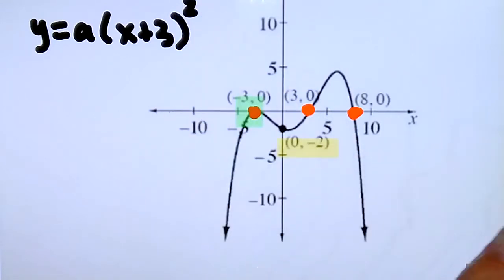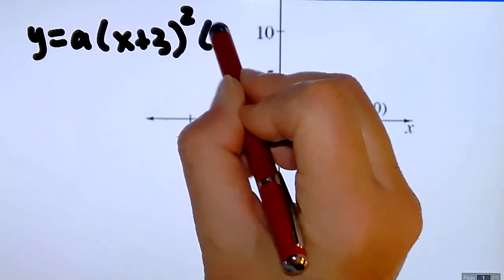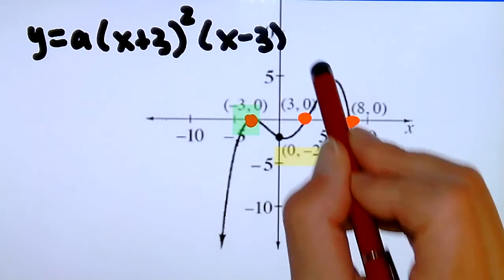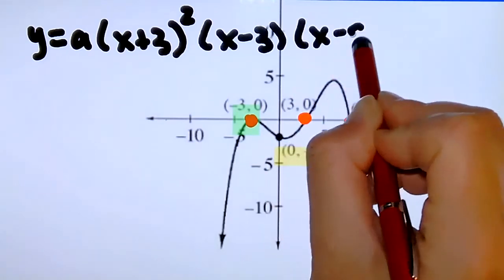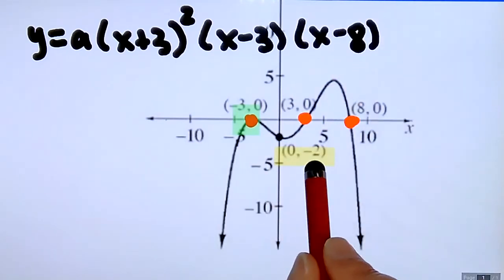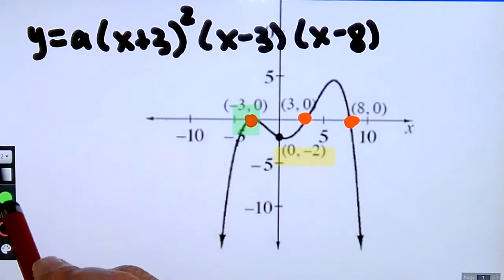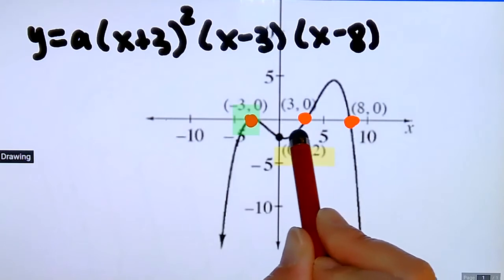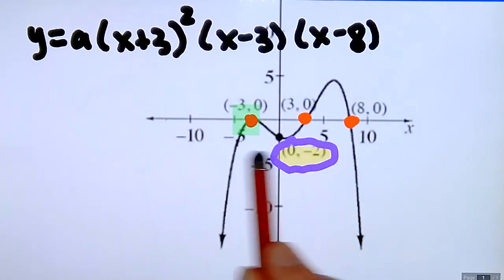Then I have this 3, which is coming from an x minus 3. And then I have this 8, which is coming from an x minus 8. And then I'm going to be using this 0, negative 2.